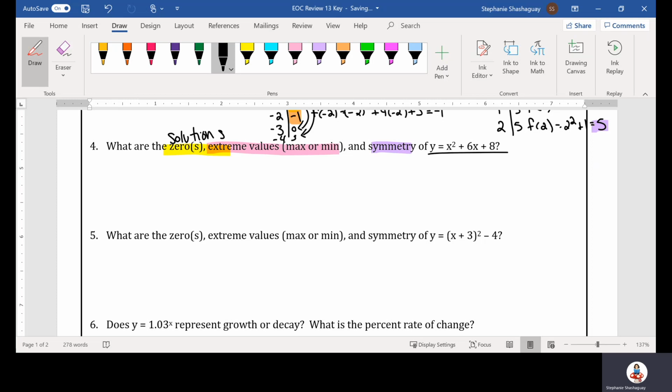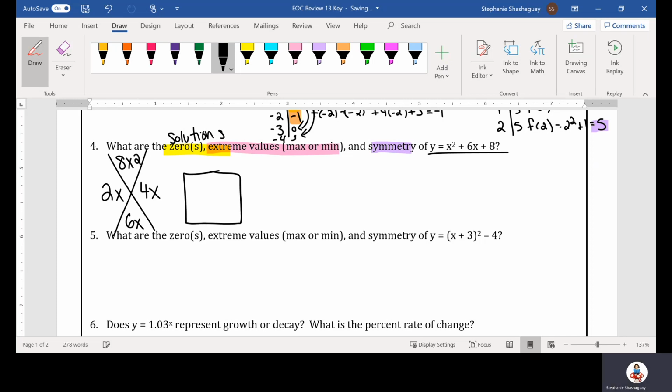So we're going to take this function and factor it. My a times c term is going to be 8x squared, and my b term is 6x. So the factors that multiply to give me 8 and add to give me 6x are going to be 2x and 4x.